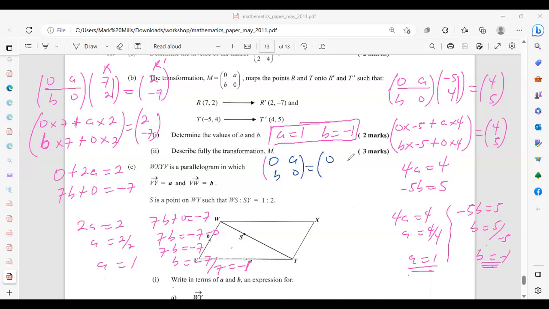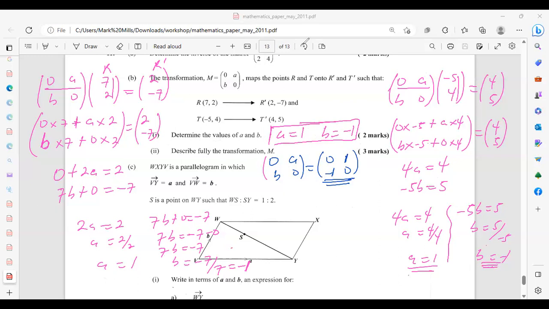What was the A value? 1, and the B is what? -1, and this is 0, right? So this is a matrix actually, right? They asked me to describe fully what this matrix is. Anybody know what to do? What do you think this matrix will be? Sir, it's a single.